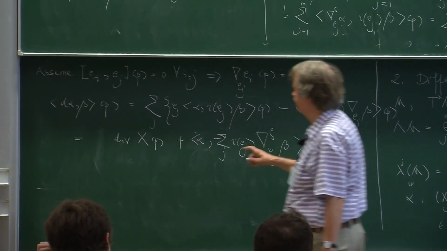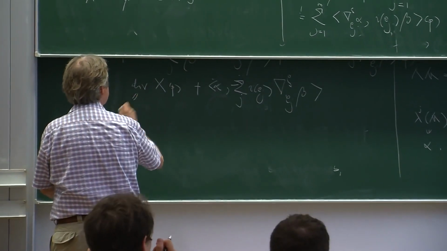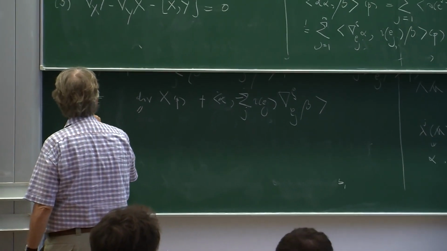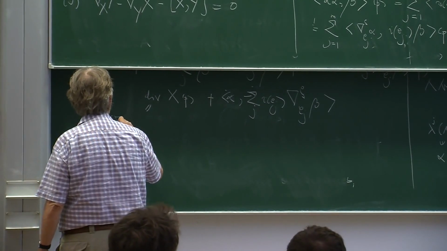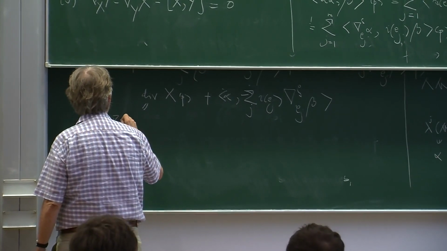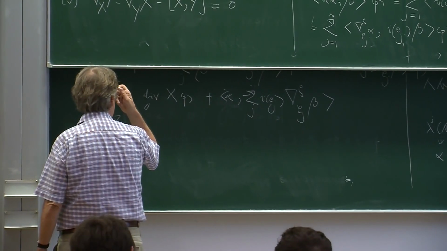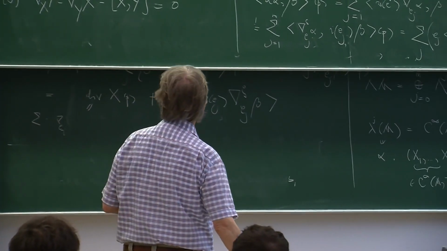So why is this a divergence? The divergence of a vector field is, by definition, nabla Ei... wait a minute. What was it again?